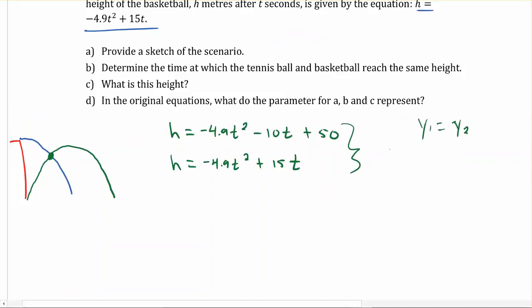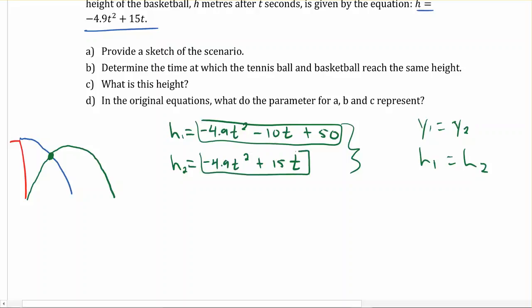In this case, though, we're talking about h1 equal to h2. So this would be h1 and this would be h2. So all we have to do is make these two things equal to each other. So what I mean by that is I'm going to make this equal to this, so that one would be on the left side of the equation and this would be on the right side. So I'm going to do that now.